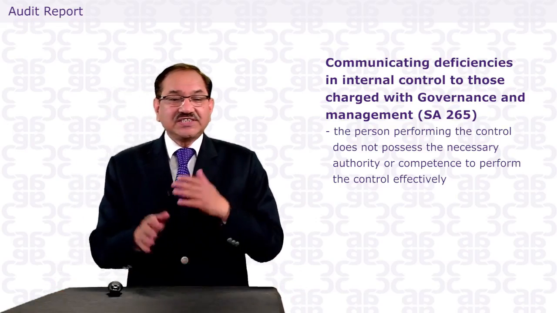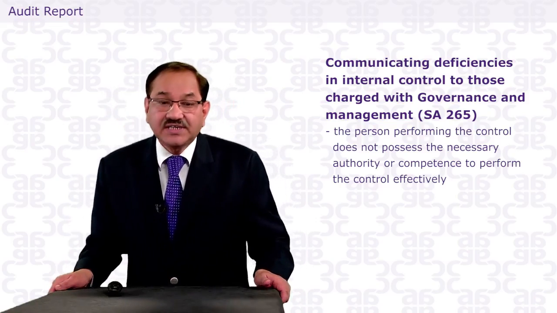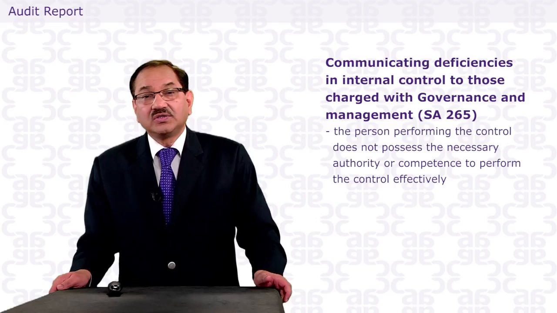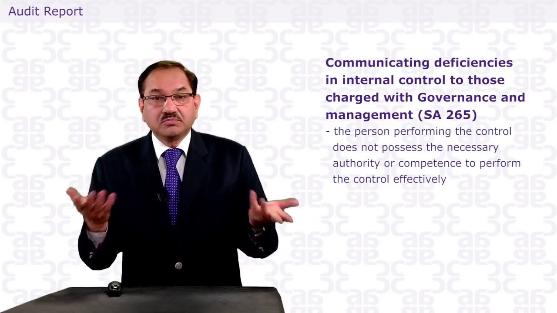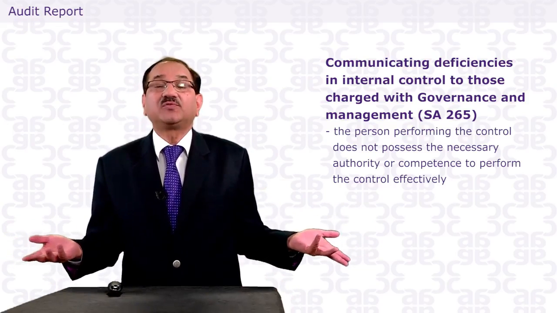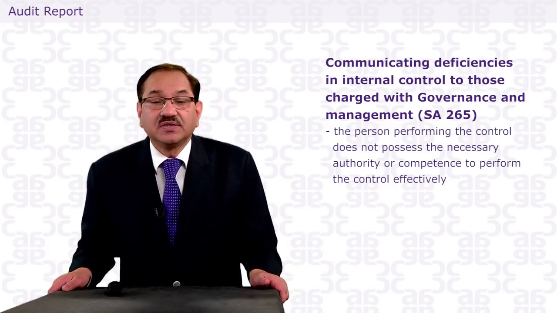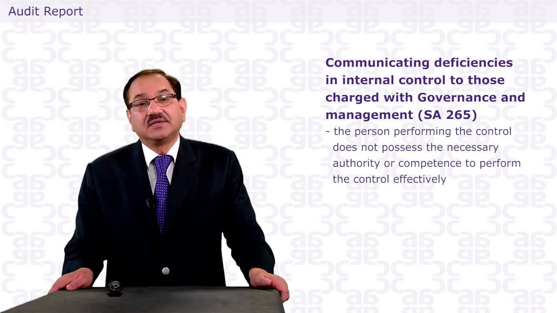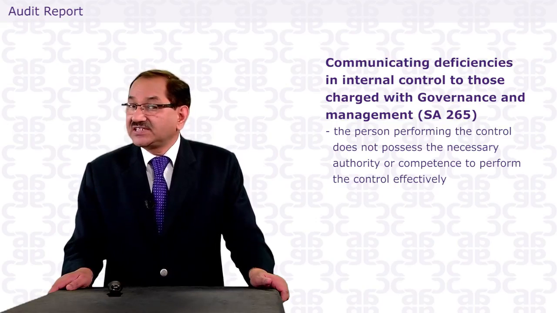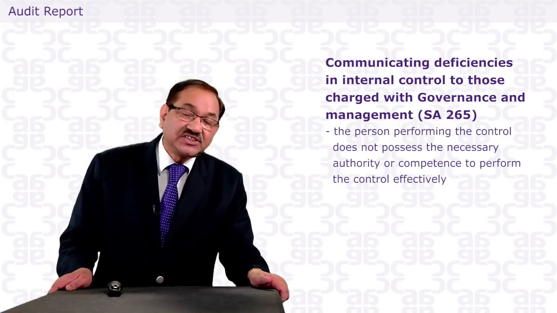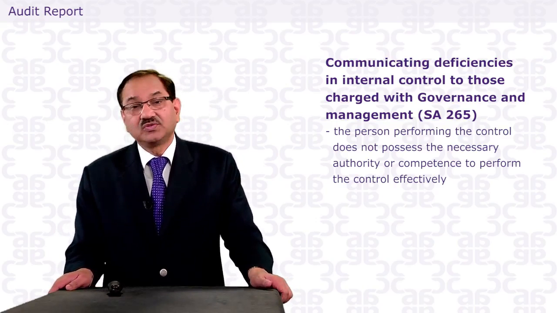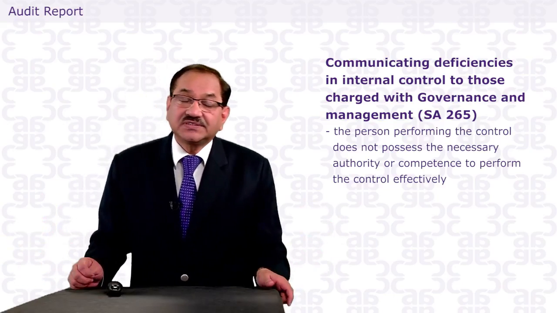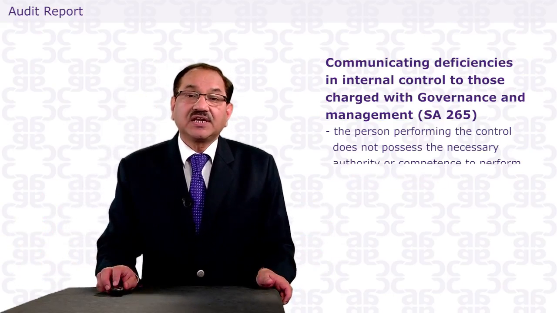So he has no authority, and sometimes he does not know who the directors are, what the meaning of it is, or why we have to do it. He has no authority, he has no competence, he has not been made to understand why this is required. So that may be one of the defects in the internal controls.